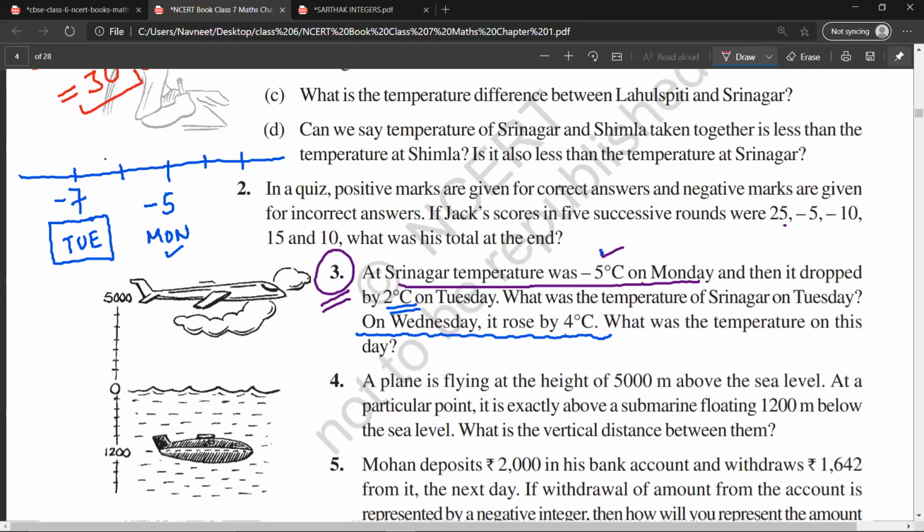Okay, let us check. 1, 2, 3, 4. It reaches here, correct? Yes, sir. 4 right. 1, 2, 3. And this will be equal to -3. Confusion? No, sir.